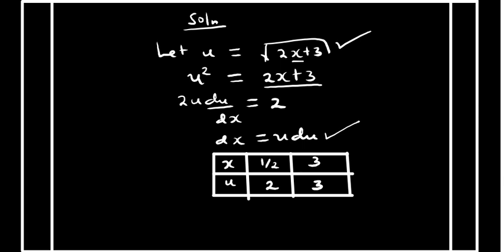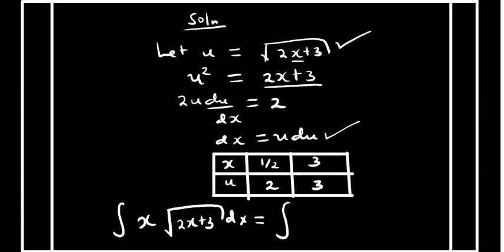That means the integral of x root of 2x plus 3 with respect to x is now going to become an integral. Remember, you've changed the variable completely, and this x does not cancel yet.